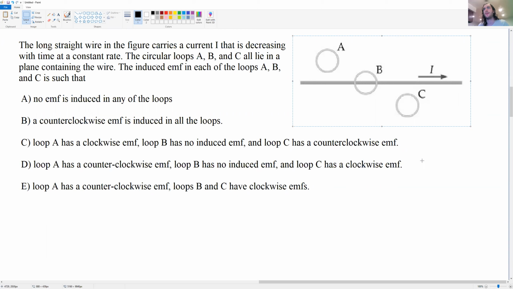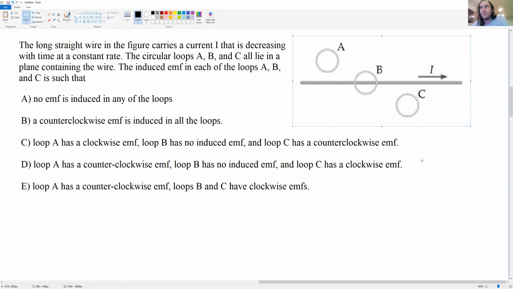The long straight wire in the figure carries a current I that is decreasing with time at a constant rate. The circular loops A, B, and C all lie in a plane containing the wire.